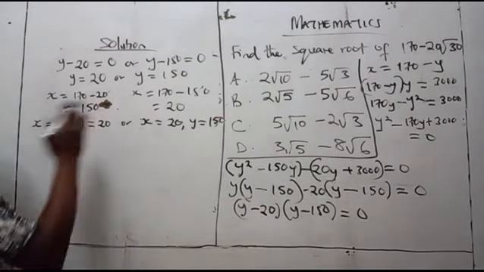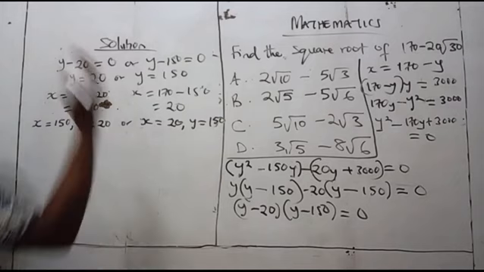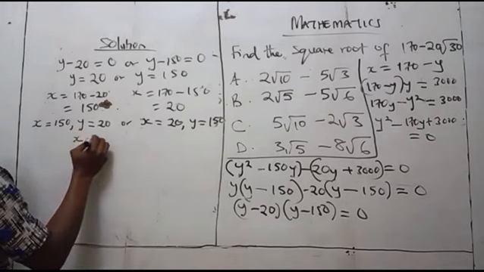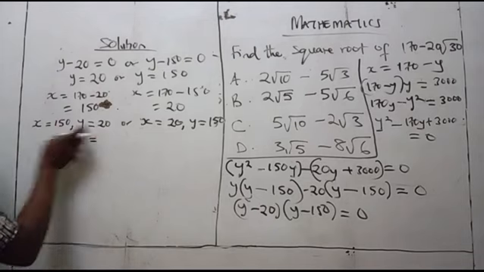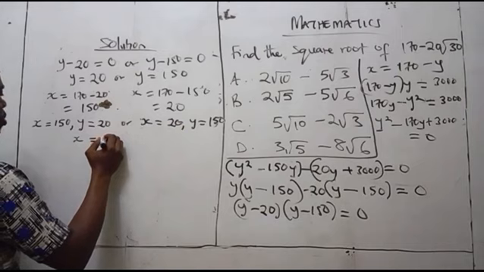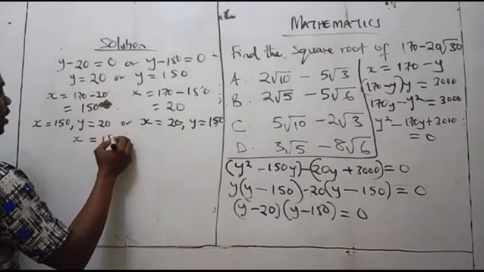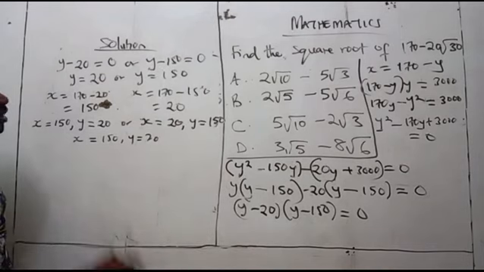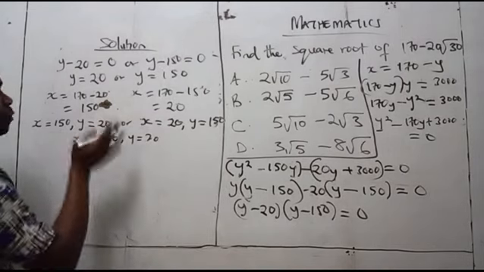So it can go either way. So you can simply say that when x is 150, y is 20. When x is 20, y is 150. Anyhow, you can pick any of them to solve this question.